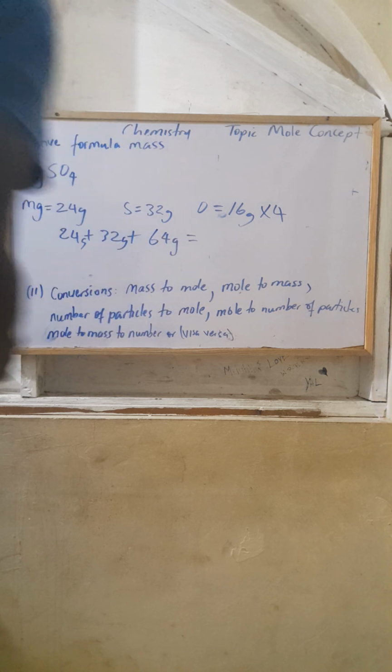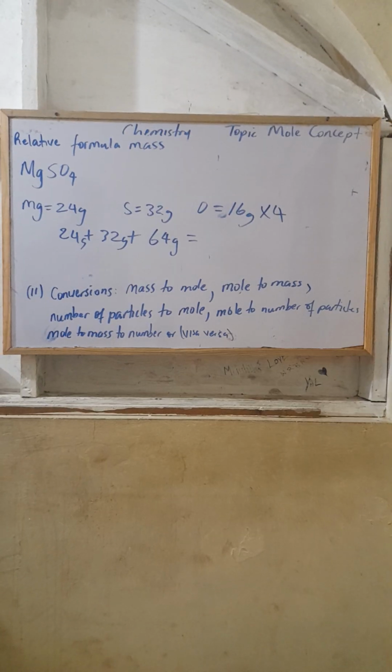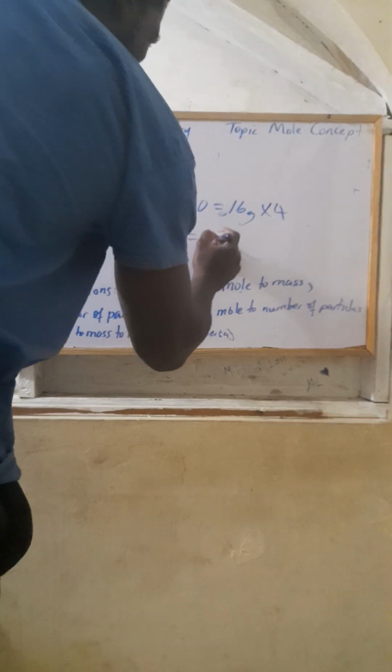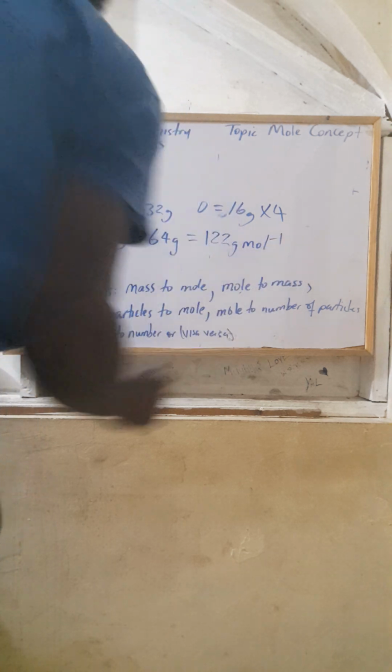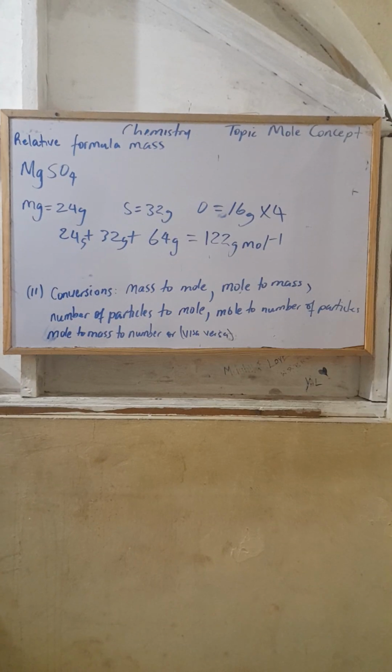And in total, we have 64 plus 32, which is equal to 96, plus 24 is equal to 120. So that's 120 grams per mole. So we see then that magnesium sulfate has a relative formula mass of 120 grams per mole.